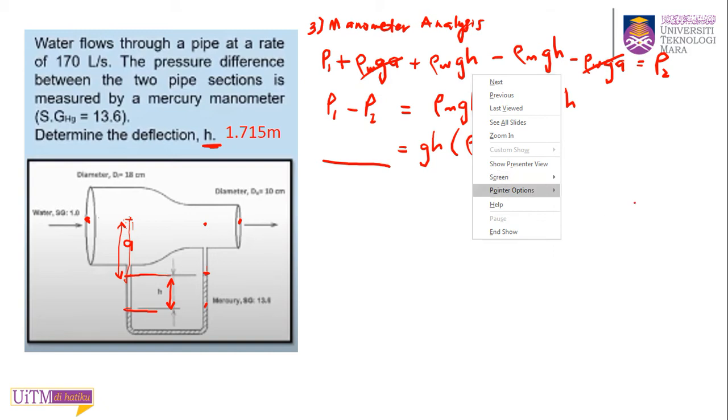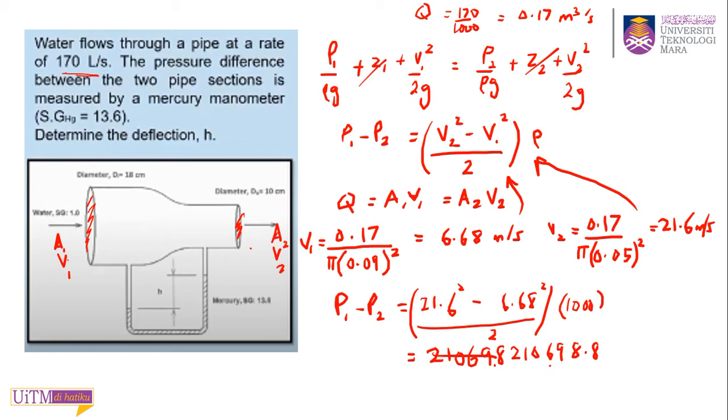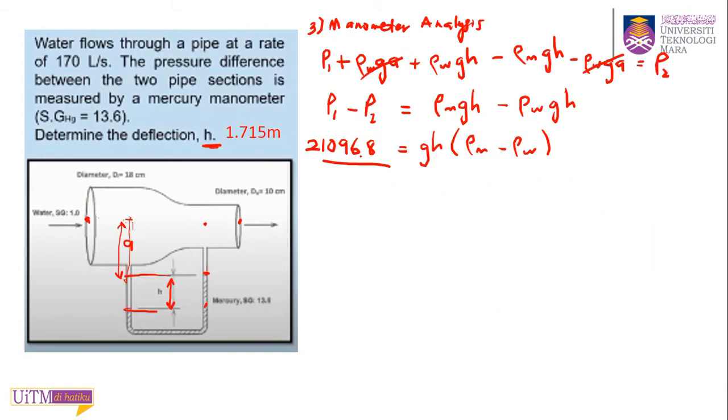Tadi kita dapat sama tadi. 210,968. Betul lah sini 210. Okay, so 210,968.8. Yes. Okay. So sama dengan G times H times rho mercury minus rho water.